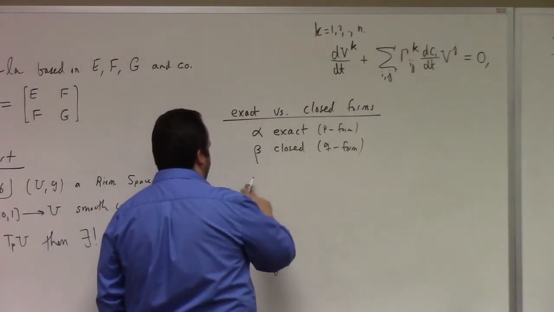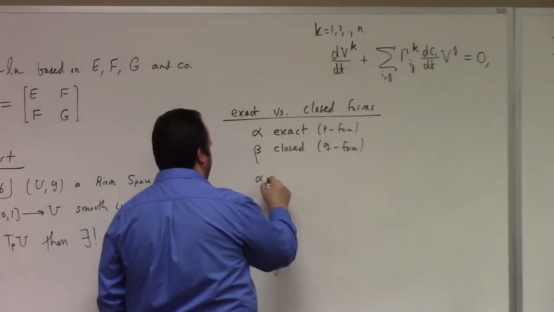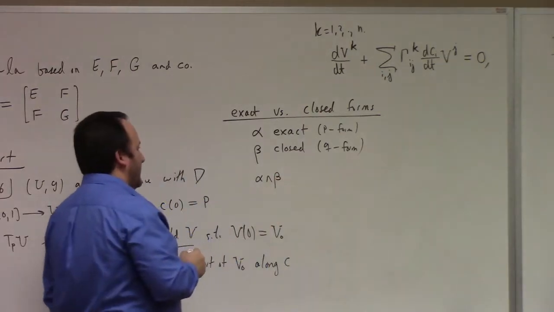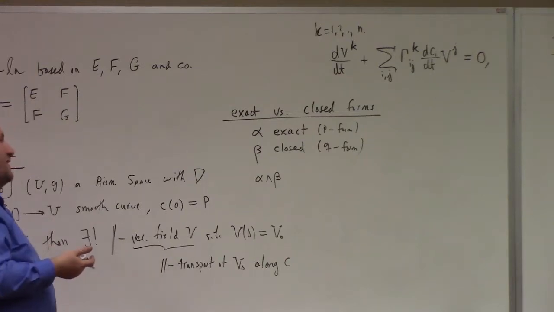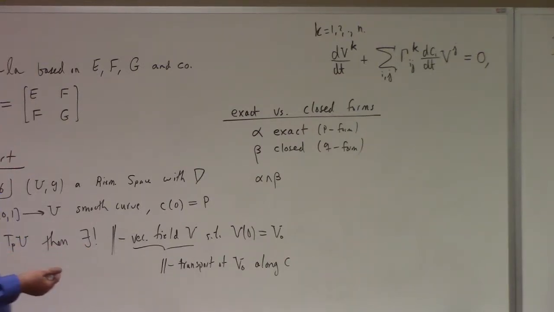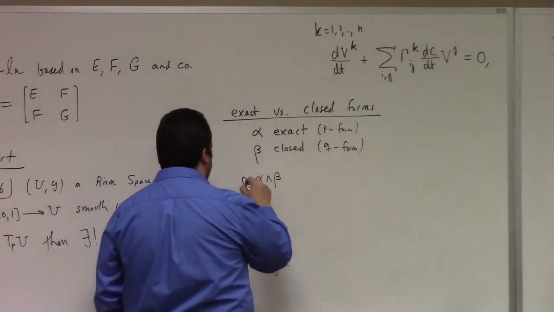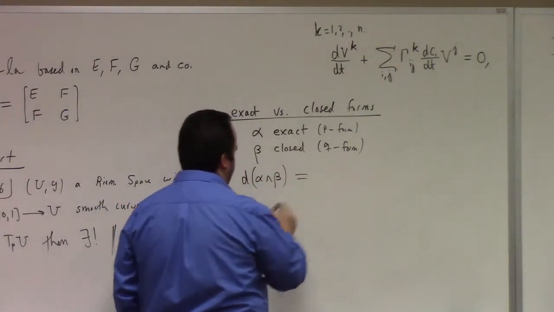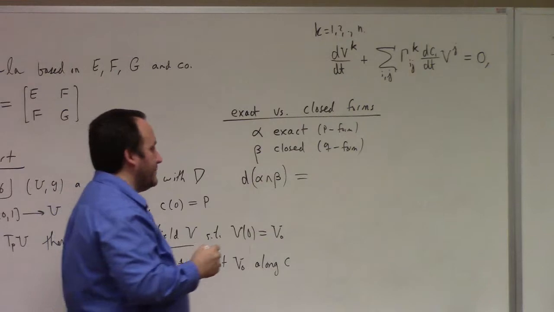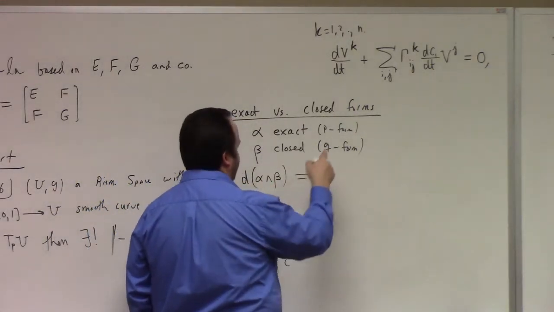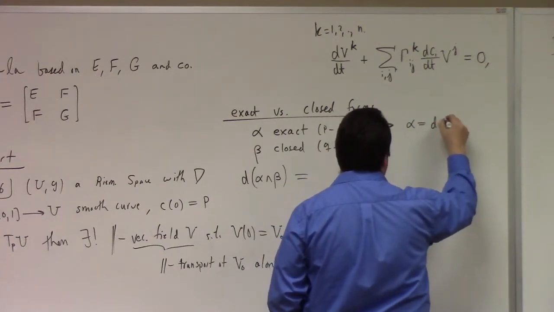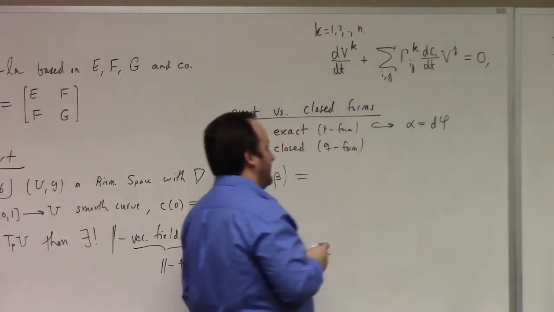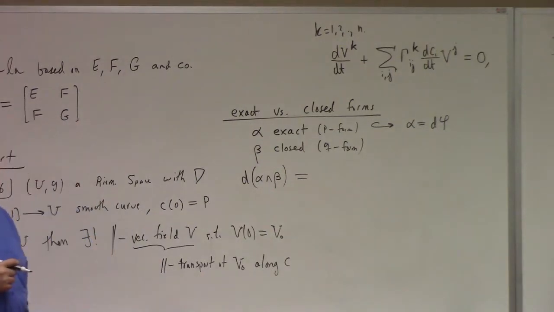I was kind of nervous when I first started that problem because, when I read it, I thought it was to show that it was closed. And showing it's closed is pretty easy, right? Exact means alpha is equal to d phi for some potential form phi. It means it's the differential of something else.